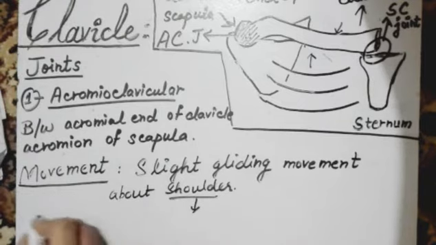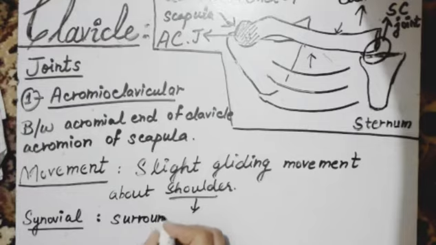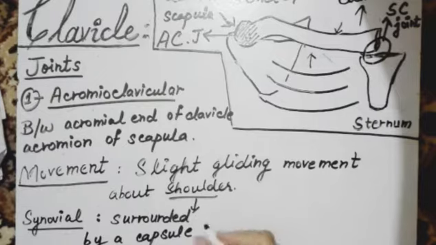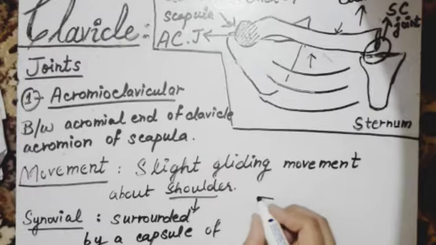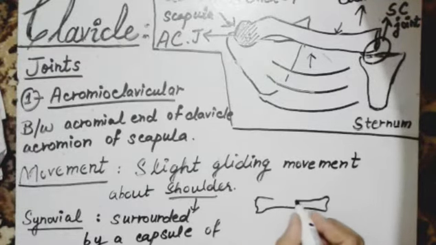Now, the shoulder has a fibrous capsule around it. It's a synovial joint, so there's also synovial fluid inside it. The shoulder joint is surrounded by an articular cartilage that makes a capsule around it to give it a protective covering, since it's a synovial joint. These are the properties of a synovial joint, that is why it has a capsule around it.